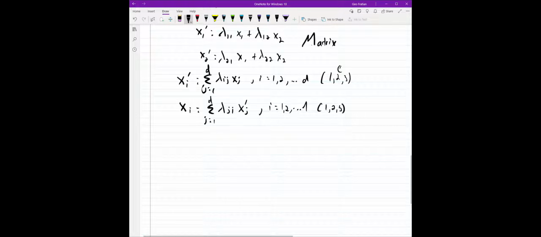And now they tell us a name for what lambda ij is. They say lambda ij is called the directional cosine of the xi prime axis relative to the xj axis. But now we have all these values, and you notice you're always going to get a matrix representation.